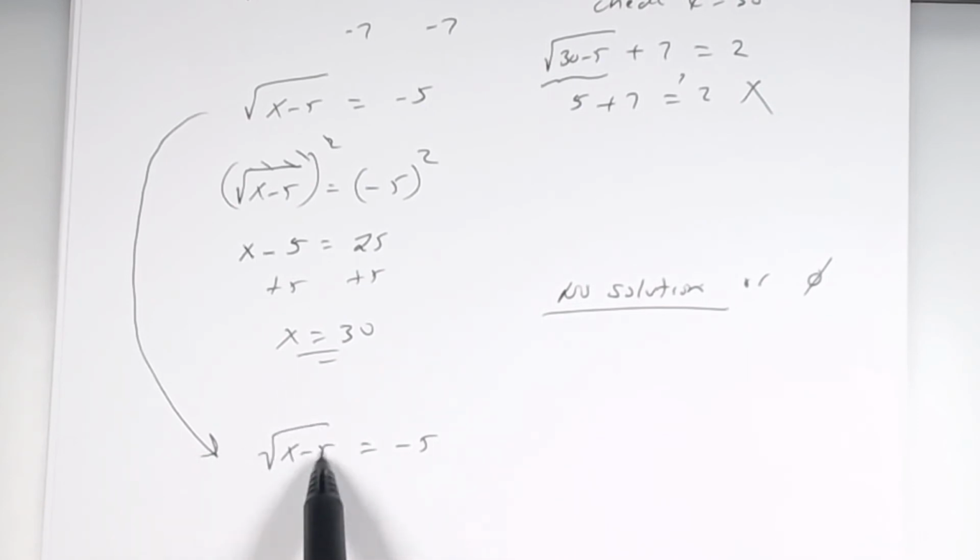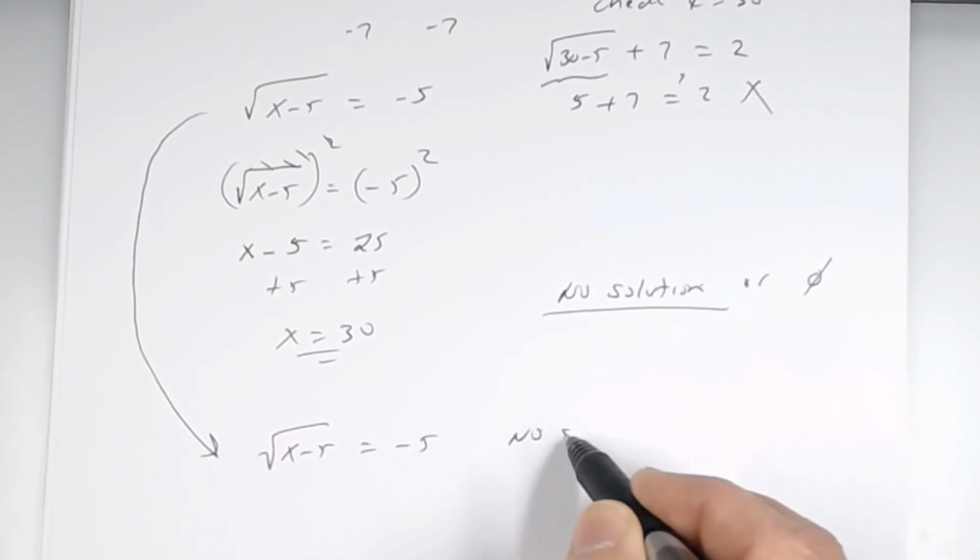Whatever I substitute for x, as long as it's in the domain, this is always going to be what kind of number? It could be positive or 0. It's never going to be negative. So is a positive number ever equal to a negative? No. So right away, when you see something like that, you would say no solution.